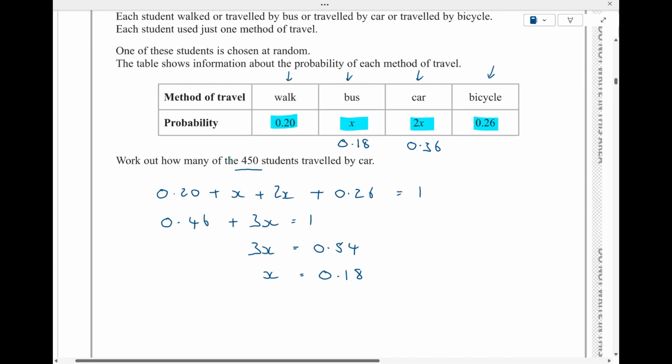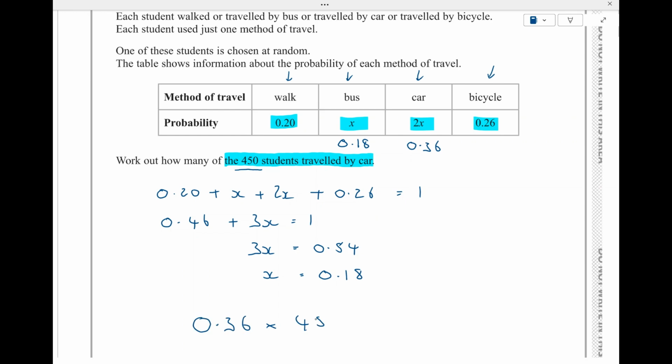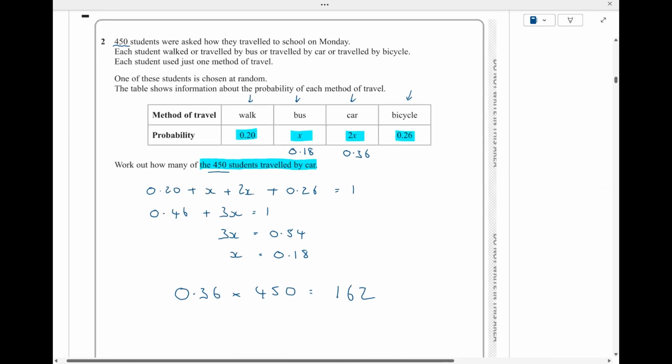Now we're asked to find out how many of the 450 students travelled by car. So that's the probability of travelling by a car, 0.36, multiplied by the number of students. 0.36 times 450 means that 162 of the students travelled by car.